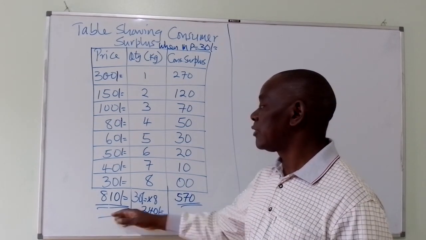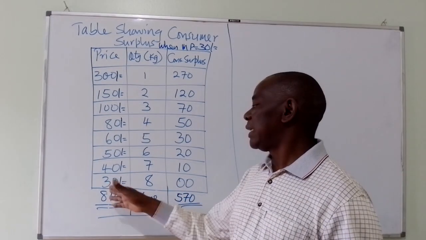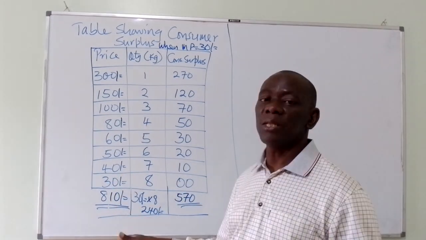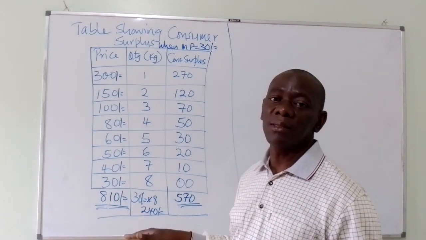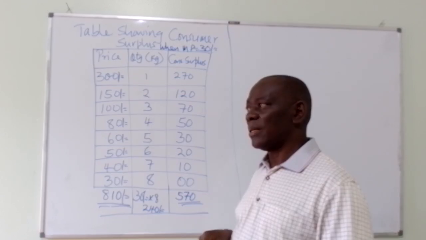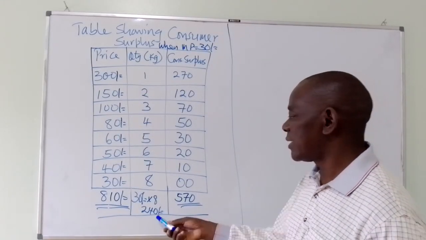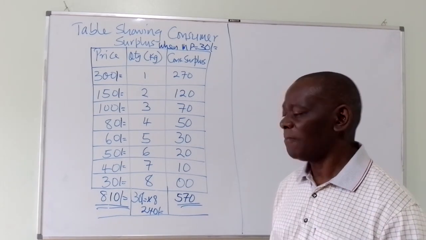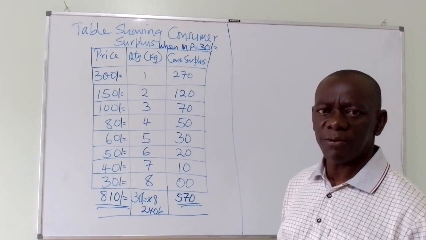This man has got his total utility of 8 commodities, but he has measured his total utility to be 810 on the 8 units. Fortunately, he goes to the market and he finds that the utility has been achieved at 240.